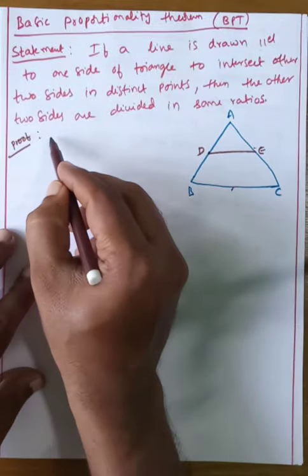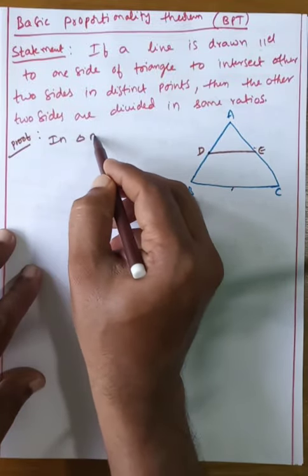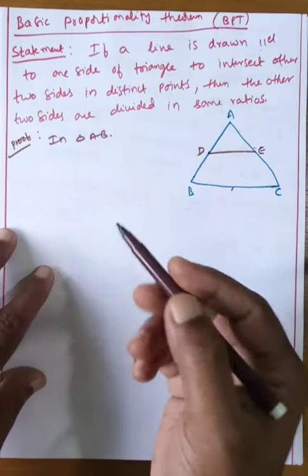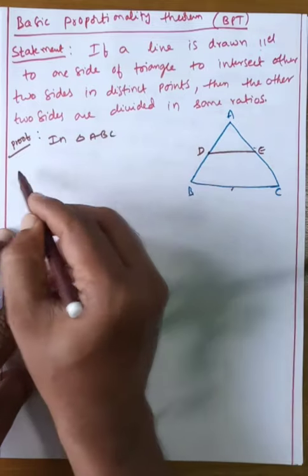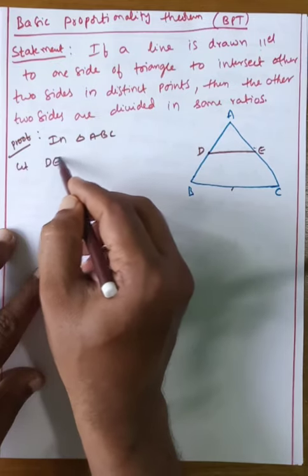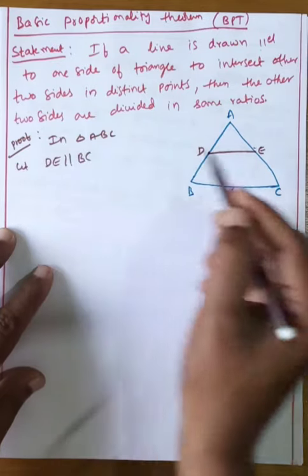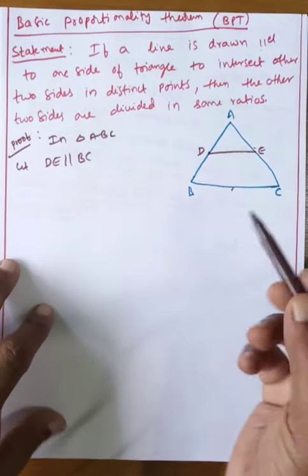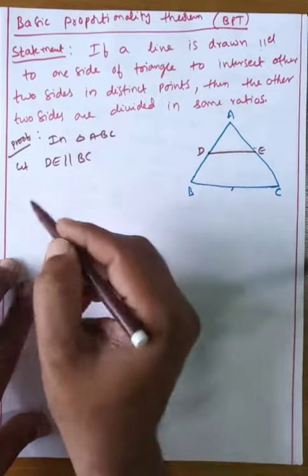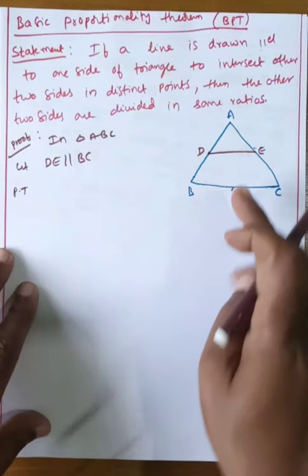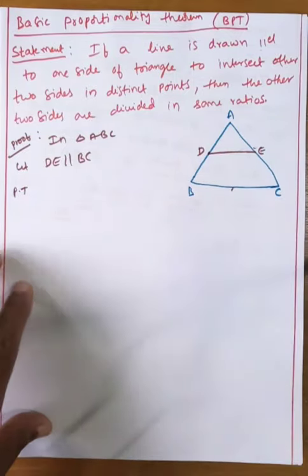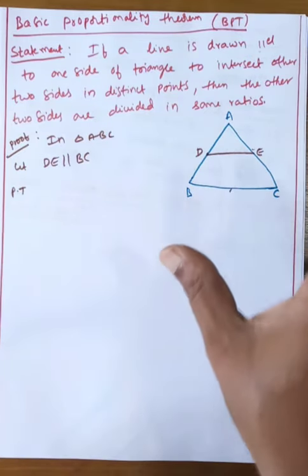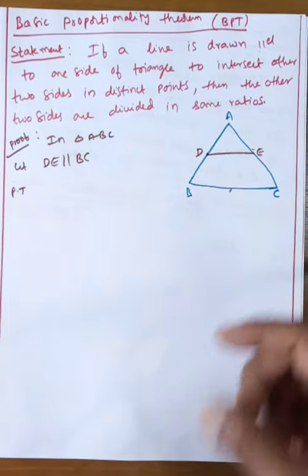Now in a triangle ABC, let DE be parallel to BC. 100%. Now what do we have to show? We need to prove that, in a triangle ABC, if one line is parallel to another side, then 100% the two sides are divided in the same ratio.